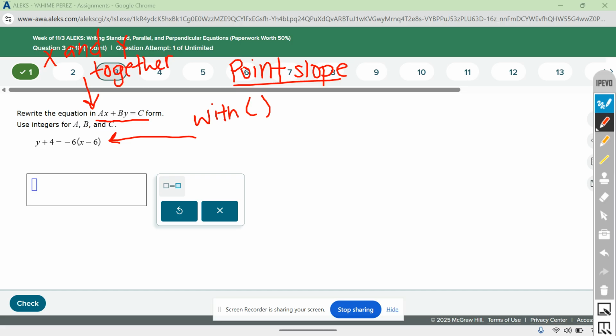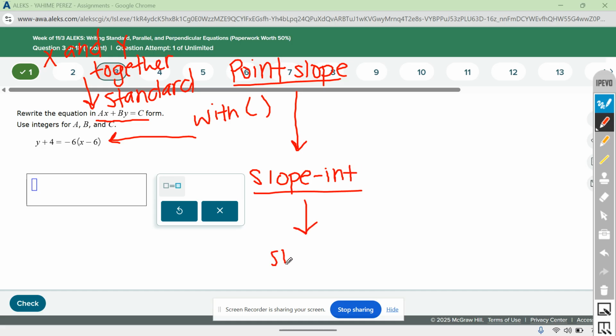They're asking for x and y to be together. That is standard form. Okay. So they want us to go from point slope form to standard form. That means we have to go from point slope to slope intercept to standard.